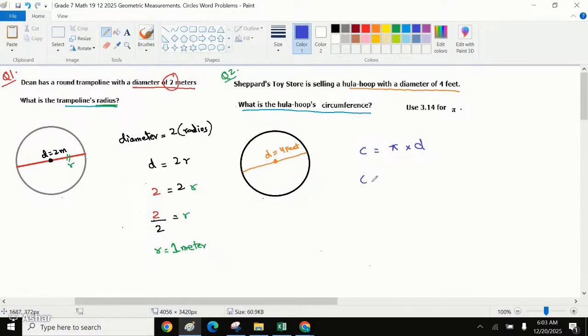The value for pi was given as 3.14, multiplied by the diameter, which was 4 feet.